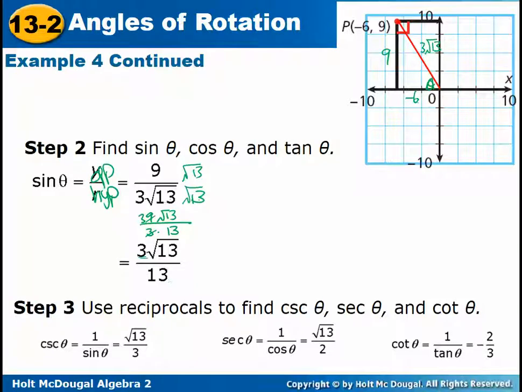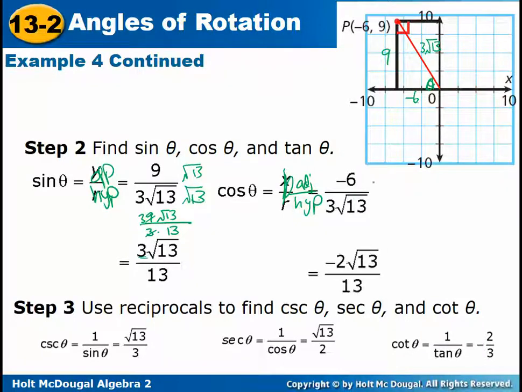Now we have to do the cosine. So the cosine is equal to the adjacent side over the hypotenuse. So the adjacent side is -6, and the hypotenuse is still 3 square root of 13. So then we rationalize the denominator and simplify, and we get -6 square root of 13 over 3 times 13, but this simplifies because -6 over 3 is -2.